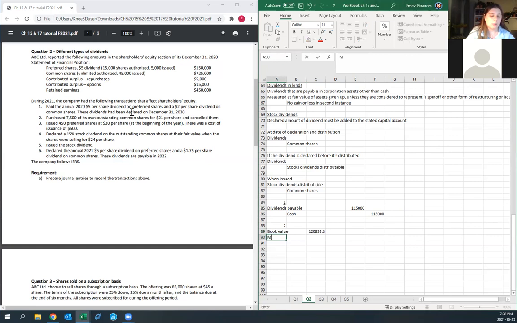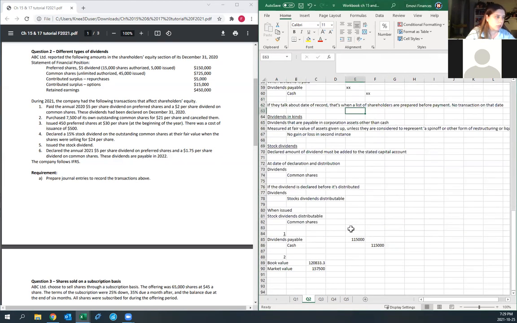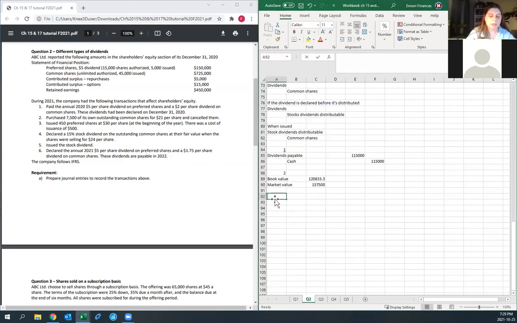And the market value is 7,500 times 21. So your market value is greater than your book value. So you're going to go here and do all these steps. First, you're going to debit your common share account for your book value.